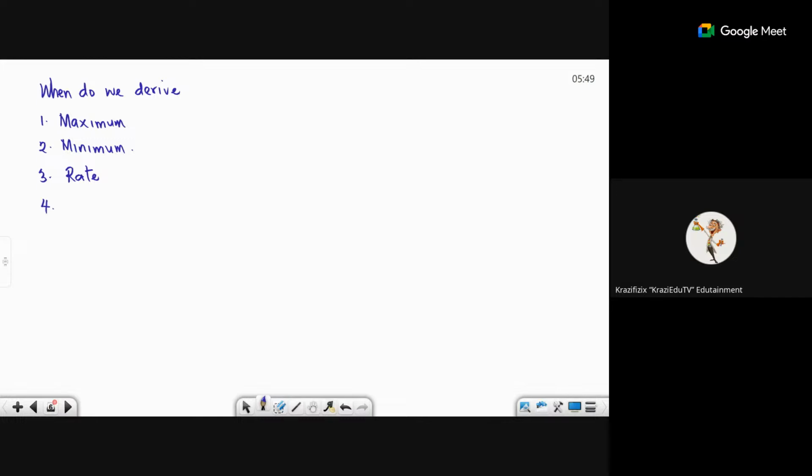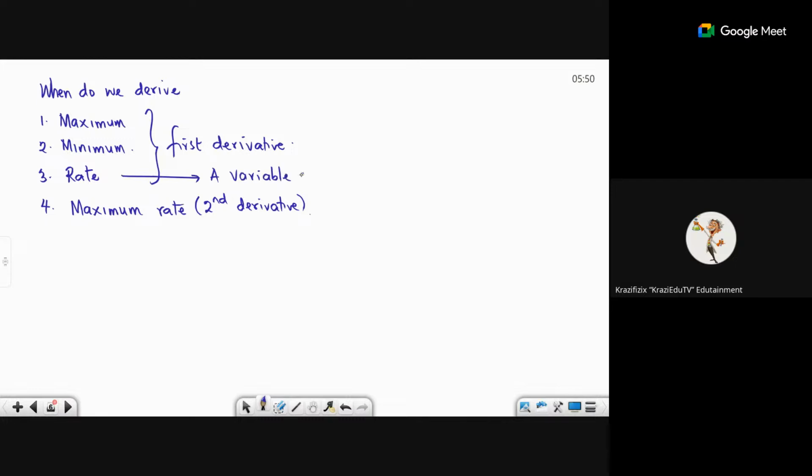Now, number 4, when the examiner says derivative, this is only a first derivative, and we derive again. When I talk about rate, we're talking about when a variable changes, whether it is increasing or decreasing with respect to time.